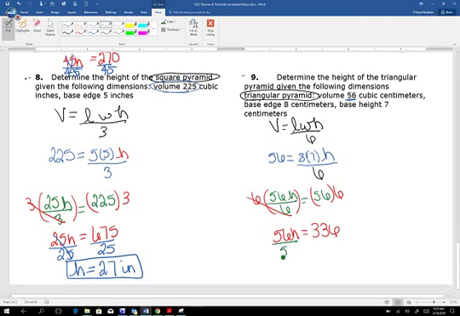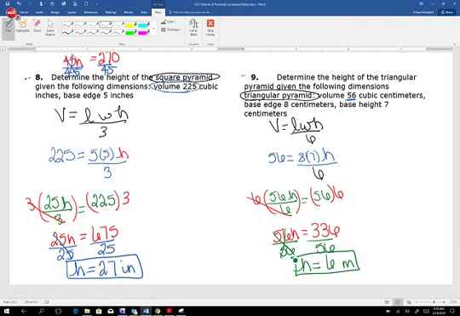I can then divide each side of the equation by 56 and know that the height of this pyramid is 6 meters. Are there any other questions about finding the volume of pyramids or finding the height given the volume?